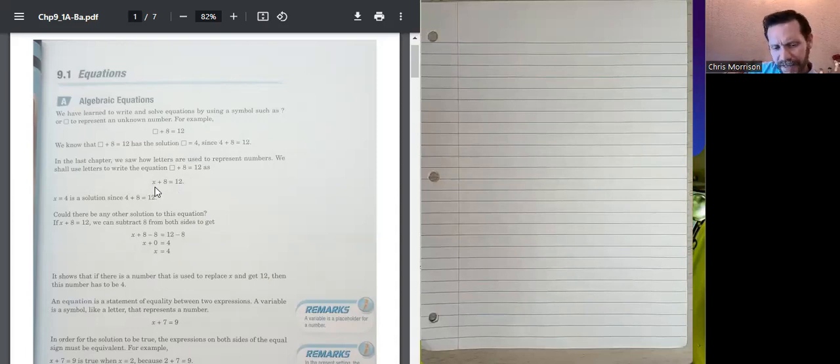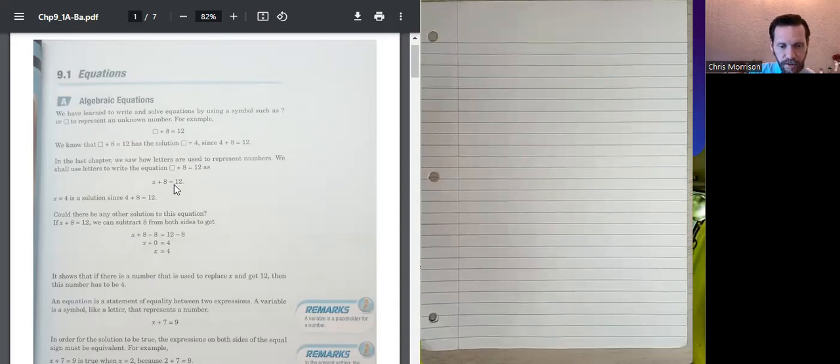If we say X plus 8 is 12, that means the same thing as some number plus 8 is 12. You should know that's 4, because X equals 4. That's what an algebraic equation is.